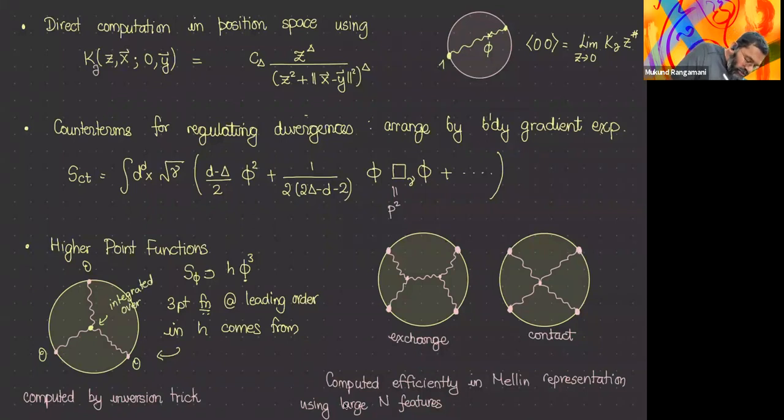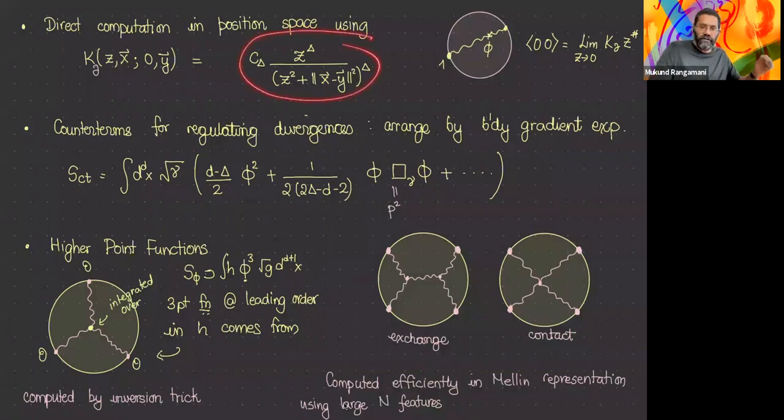Because in the action, this h cube term comes inside the integral. So what you're left with is taking 3 gadgets of this kind, let's say computing in position space, and convolving them with 3 different boundary points, y1, y2, and y3.